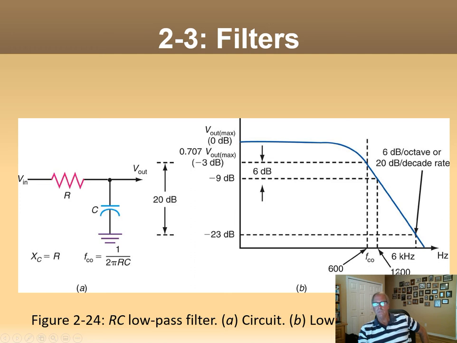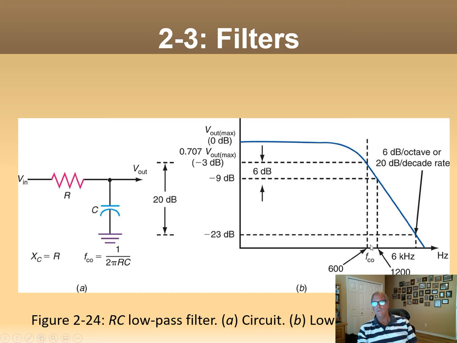And for this example, it looks like it's about 600 hertz, okay? And we go down 20 dB per decade, so it means between 600 hertz and 6 kilohertz, which is a decade, you go down 20 dB. So it might be 6 dB per octave or 20 dB per decade.